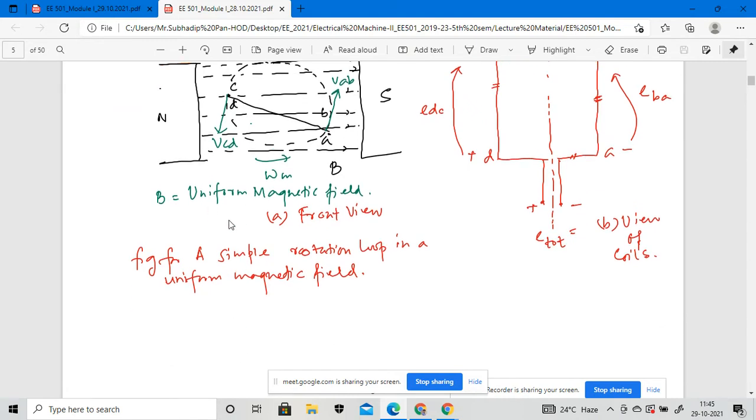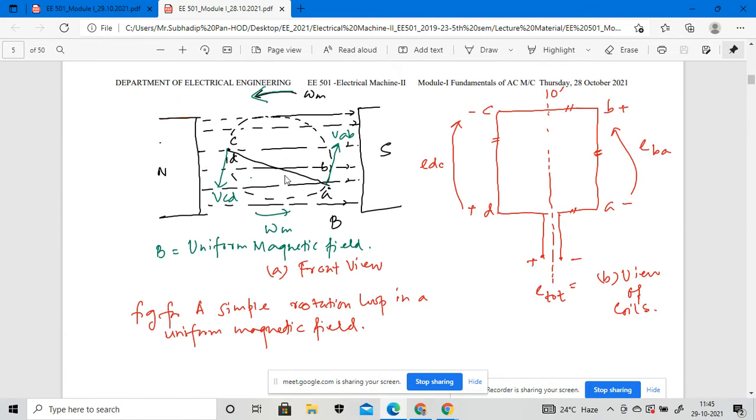This particular figure defines a simple rotating loop in a uniform magnetic field. The dotted line is considered as B, the uniform magnetic field.